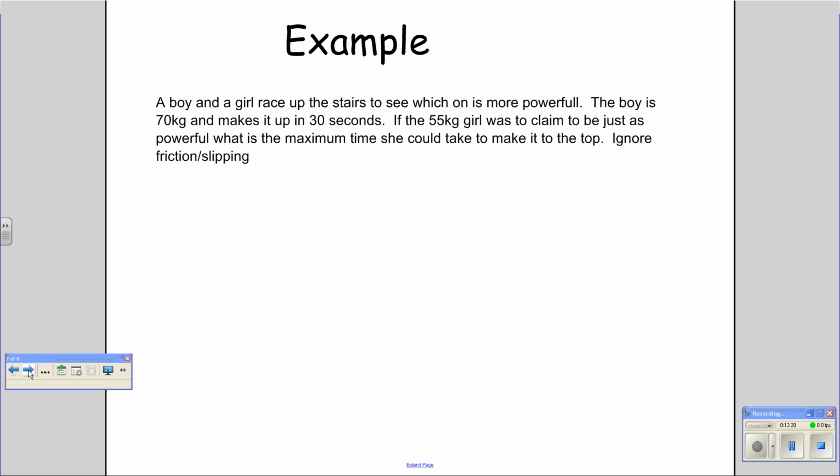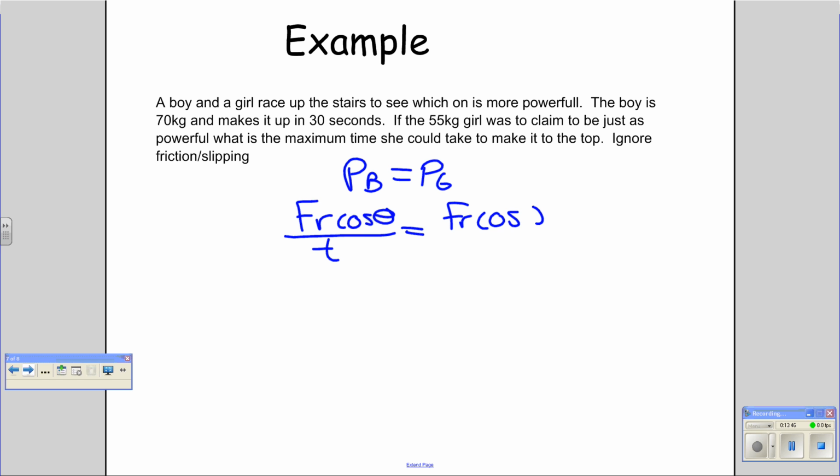So the power of the boy is going to equal the power of the girl. Okay, so F R cosine theta over T is going to equal F R cosine theta over T.